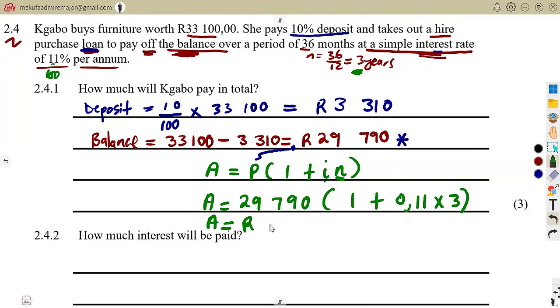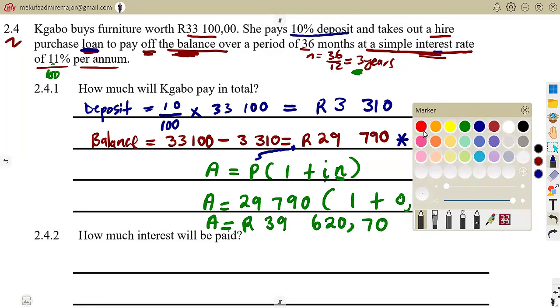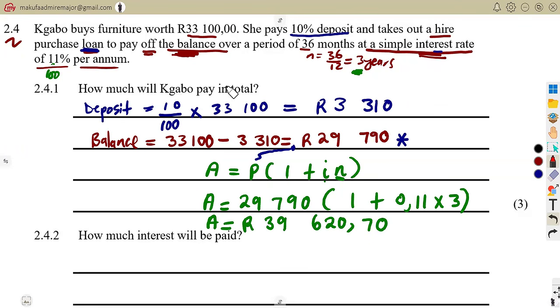So you're going to obtain the amount that was going to be repaid as a loan. This was going to be 39,620.7, but this is money, so you put another decimal, 2 decimal places. So how much is he going to pay in total? The total amount to be repaid is this amount paid over 3 years as a loan, 39,620.70, plus the deposit.